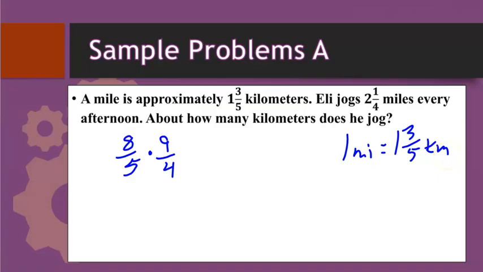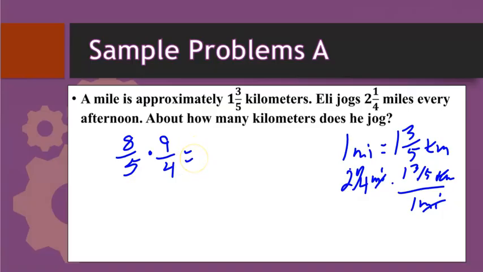Or if you put it as a ratio, I would have 2 1/4 miles times 1 3/5 kilometers over 1 mile. And the mile labels will cancel out, and I'm left with the multiplication problem.